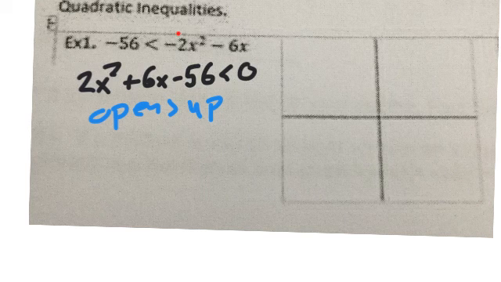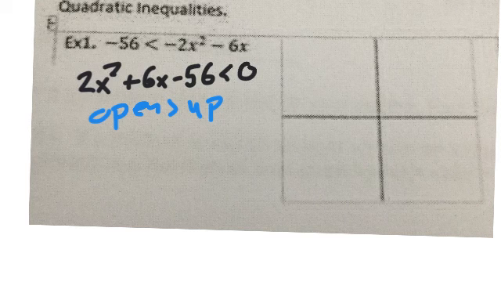What this is saying is, where is the parabola less than 0? So we think about that graphically. What does it mean to be less than 0? It means that the graph is below the x-axis, because right here is when my y values are less than 0. So what this essentially wants to know is, where is the parabola below the x-axis? Well, because I know it opens up, I know it's going to happen between the x-intercepts.